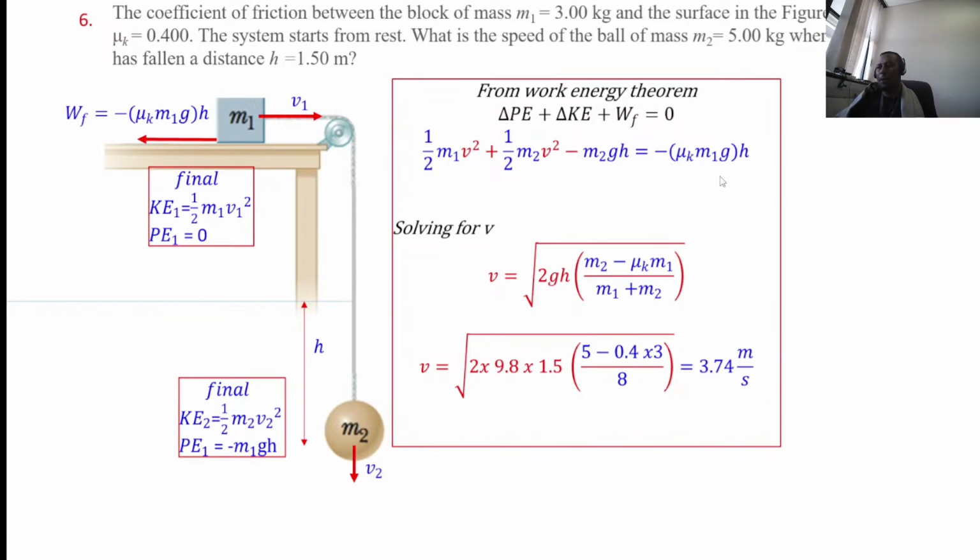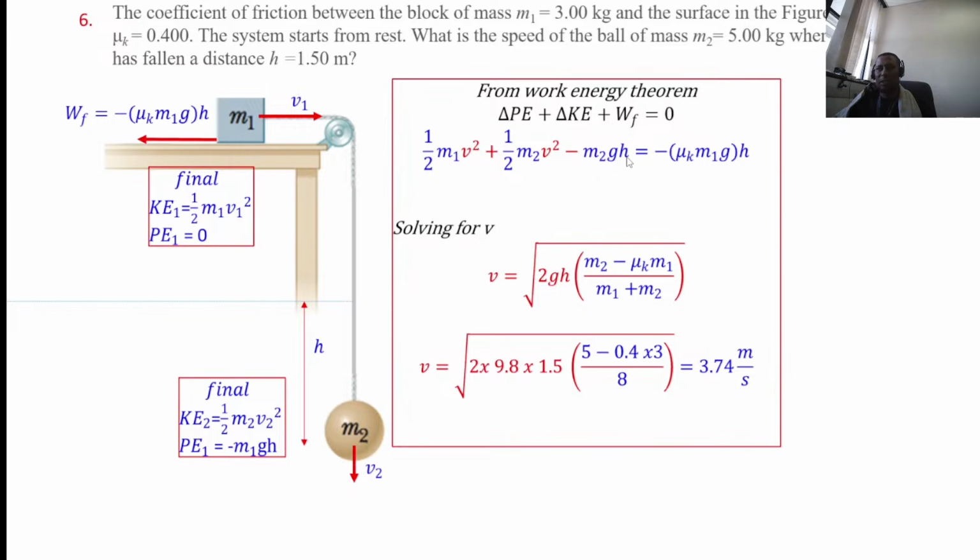That's all the formula. Then we have agreed that because this thing is connected by the tension, and the tension is the same, they have the same speed, I could remove V1 and V2 and have the common velocity V. Then I solve for V. That V would be the square root of this one.